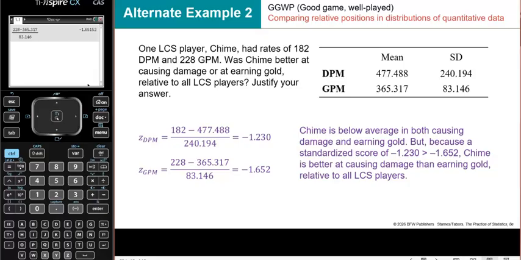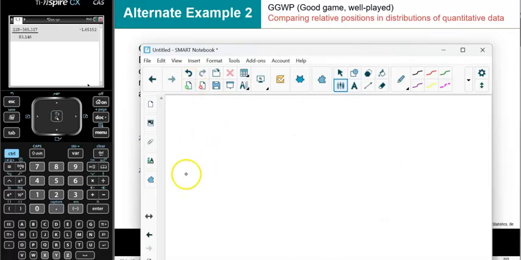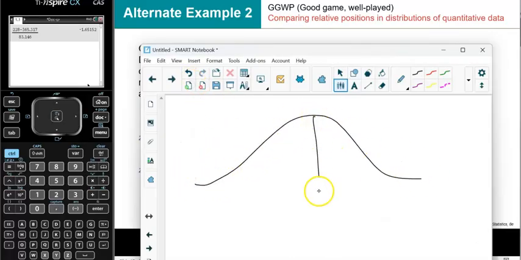Because the standardized score of negative 1.23 is actually larger than negative 1.62, even though he's kind of bad at both, he's a little bit better at causing damage. He's really weak in gold getting. If you looked at it on a scale, 0 is the mean.